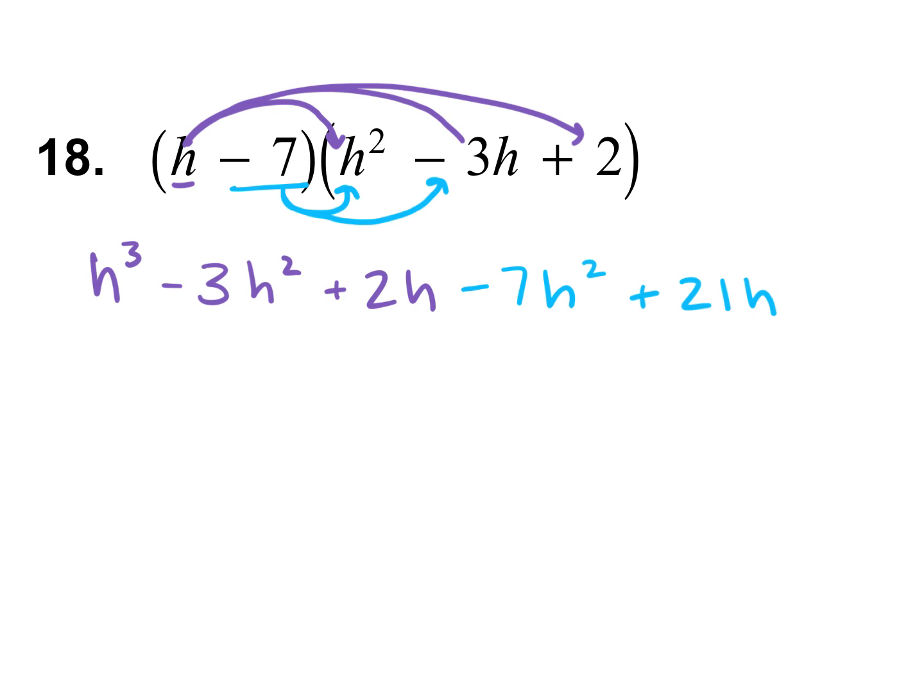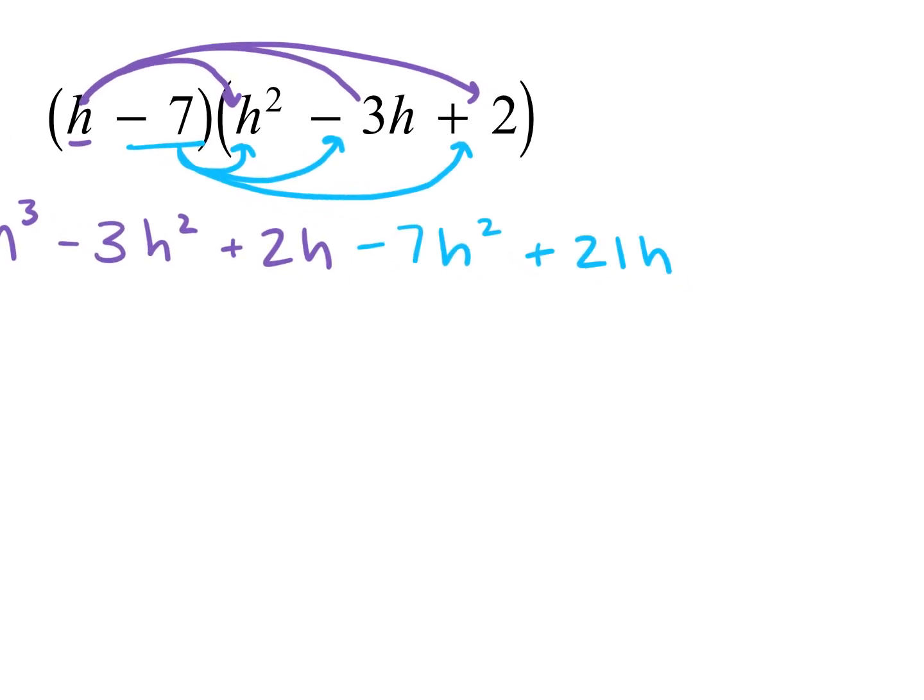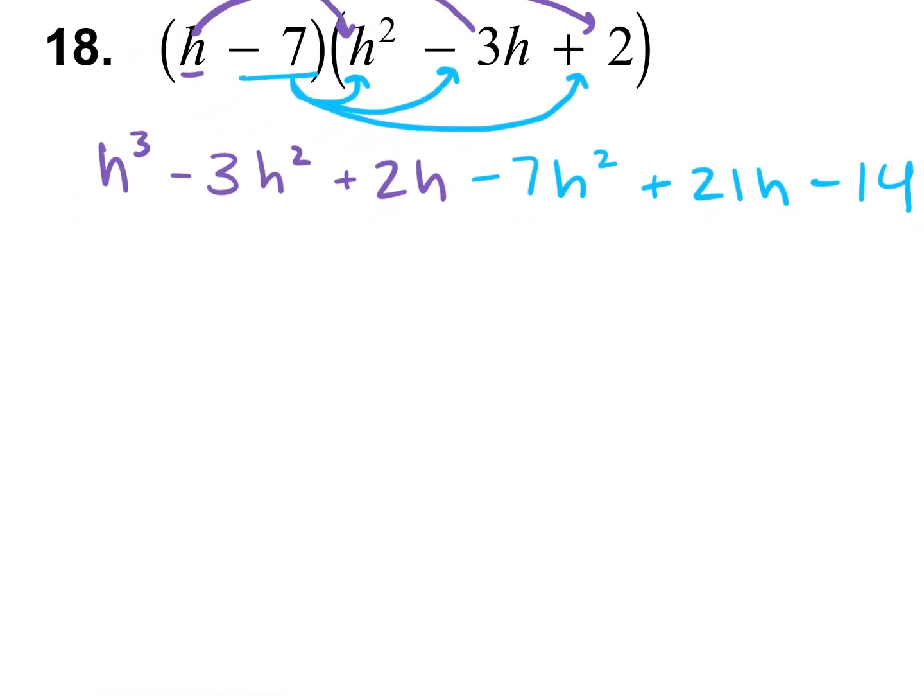All right, Alvin, what do we do next? -7 times 2, and what would that be? -14. Perfect.